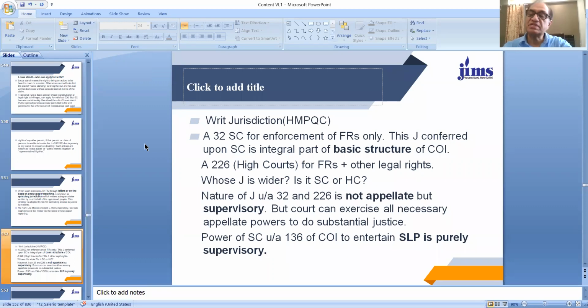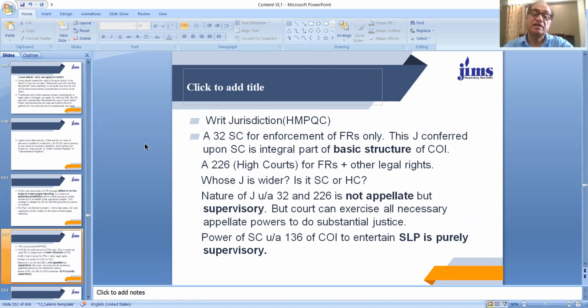But dear students, you must note that the nature of jurisdiction under Article 32 and 226 is not appellate. Courts are not sitting as appellate courts while exercising writ jurisdiction. They are sitting as supervisory courts.